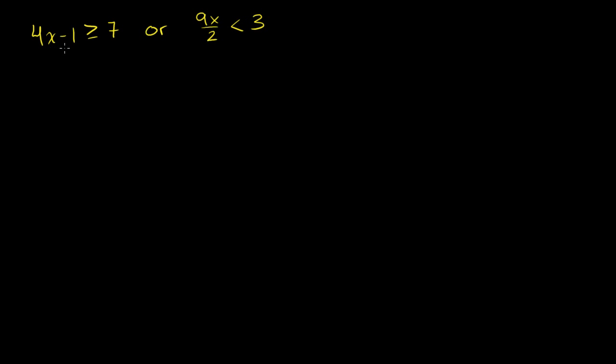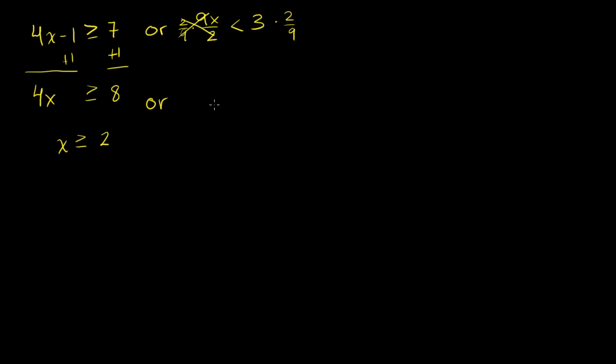So let's figure out the solution sets for both of these, and then we figure out essentially their union, their combination, all of the things that will satisfy either of these. So on the one on the left, we can add 1 to both sides. The left-hand side just becomes 4x is greater than or equal to 7 plus 1, which is 8. Divide both sides by 4. You get x is greater than or equal to 2. Or let's do this one. If we multiply both sides by 2/9, it's a positive number, so we don't have to do anything to the inequality.